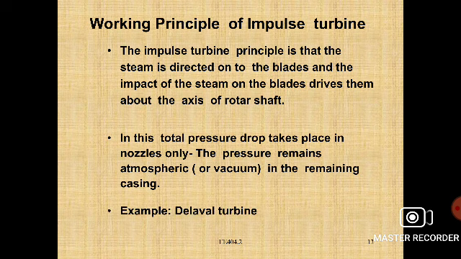The principle is that the steam is directed on the blades, and the impact of the steam on the blades drives the rotor about the axis of the rotor shaft.